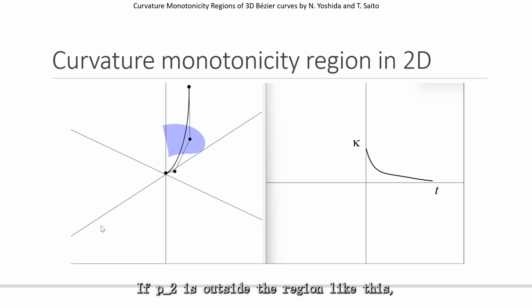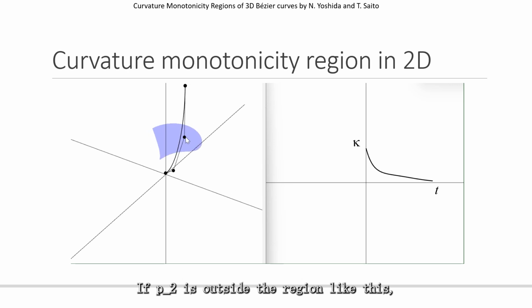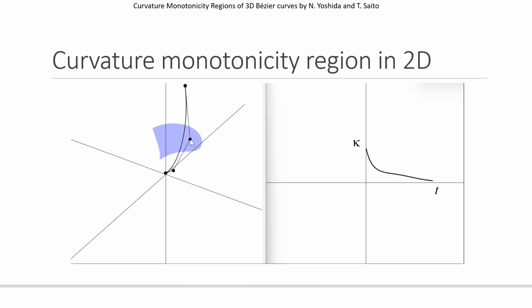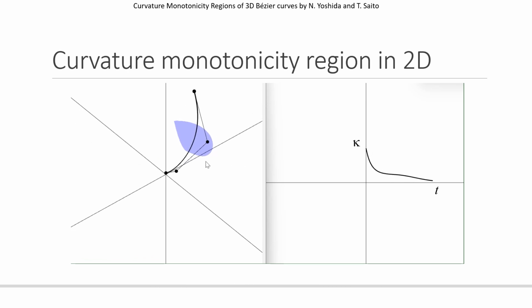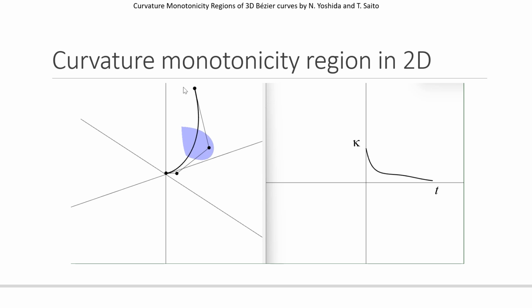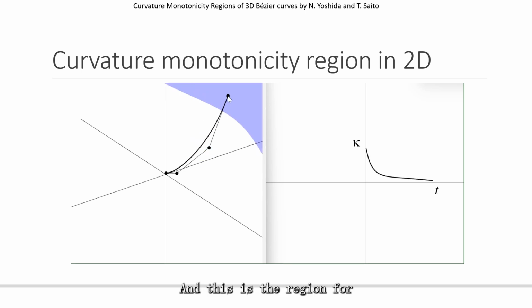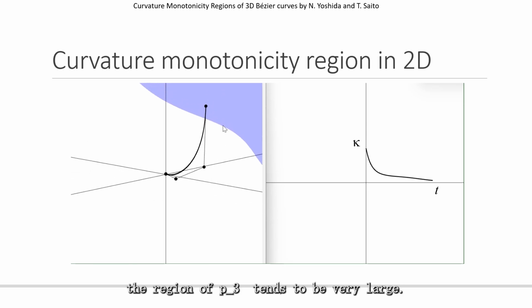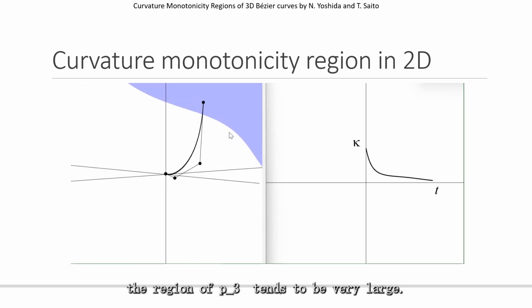If P2 is outside the region, like this, the curvature is not monotonically varying. And this is the region for P3. For curves with decreasing curvature, the region of P3 tends to be very large.